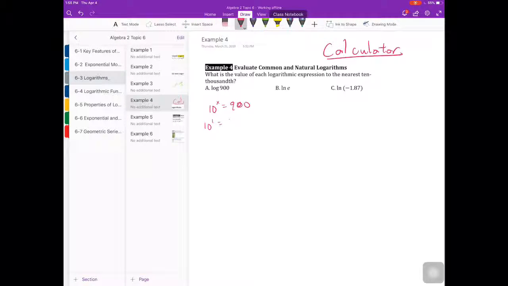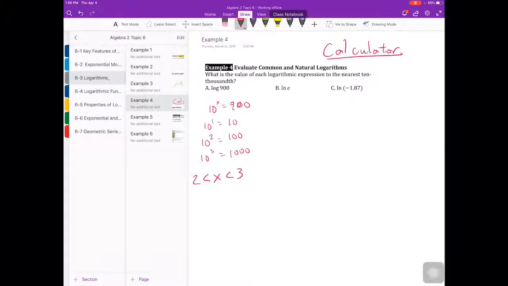So 10 to the first is 10. 10 to the second is 100, and 10 to the third is 1,000. So it's obviously going to be a number x that's bigger than 2 but less than 3. And it's probably going to be a little bit closer to 3.